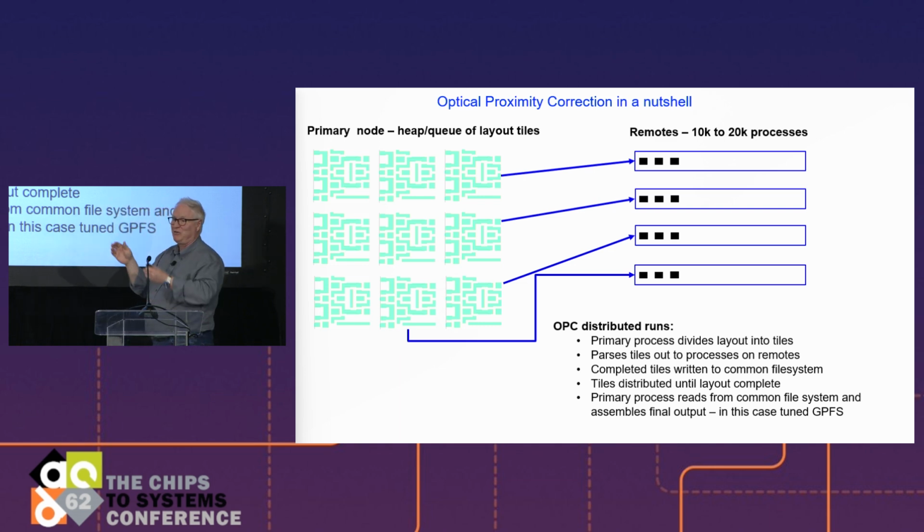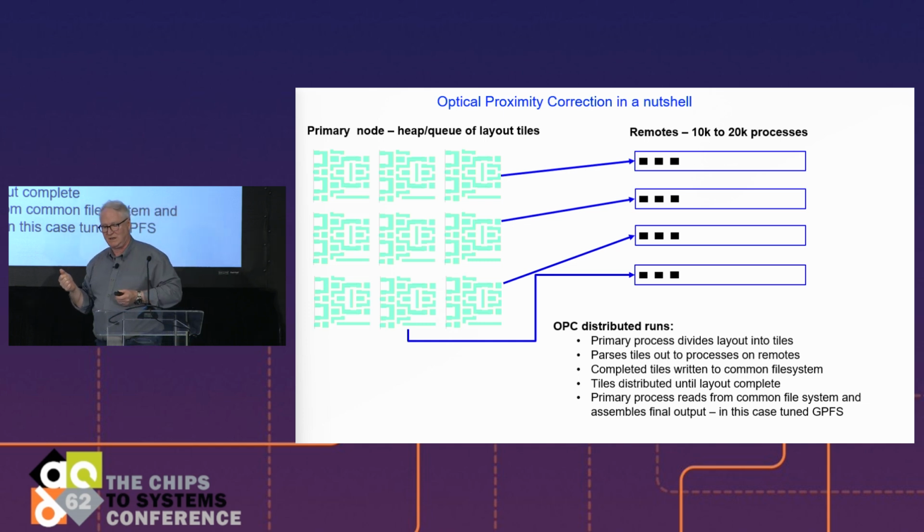But the idea here is we take an entire layout, we break it up into small segments or tiles. We then create a heap or a queue from those tiles. And then, as in the first part of a job, that process, when it's done with creating the heap or queue of tiles that it needs, will then spin up a number of remote processes and distribute each tile to one of the running worker processes and cycle through this process until all of the tiles have been processed.